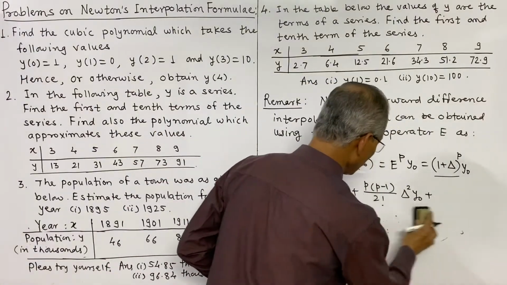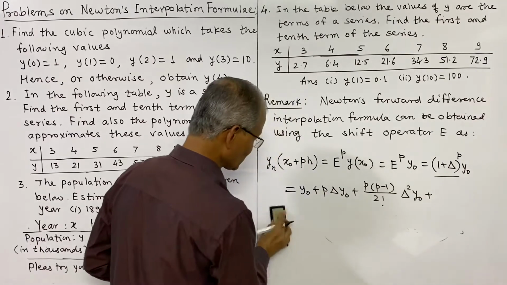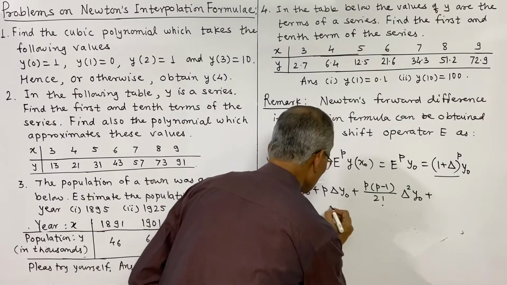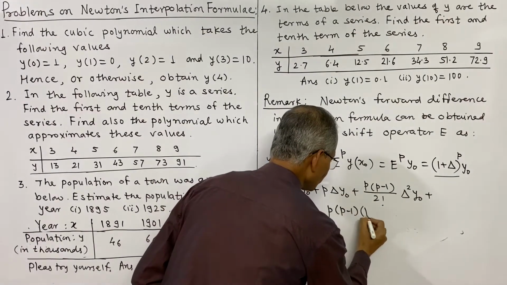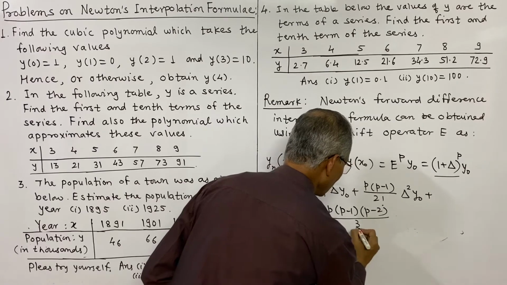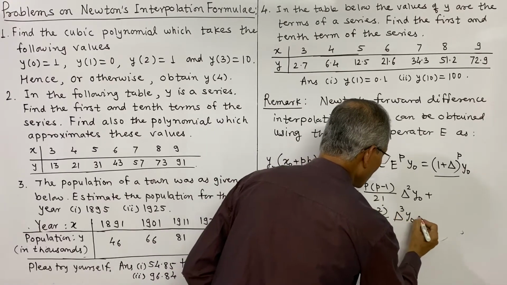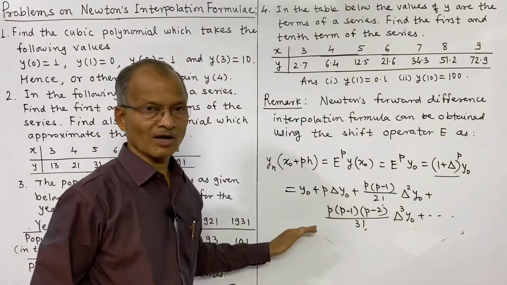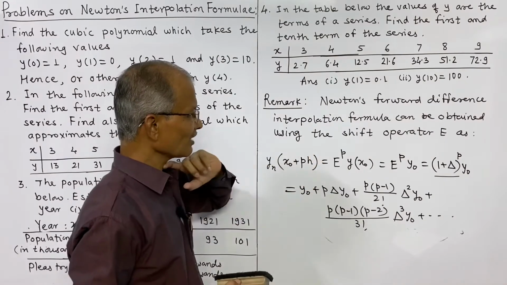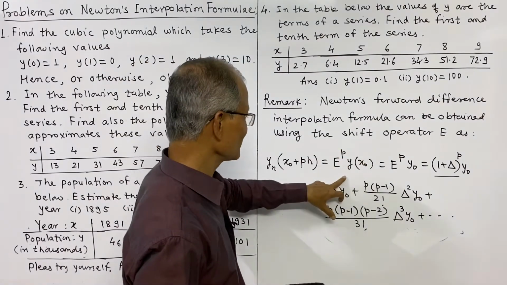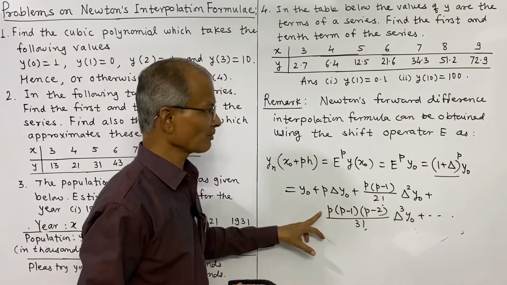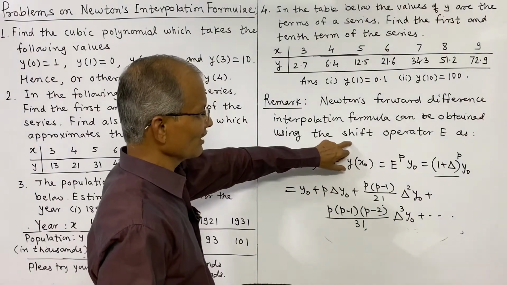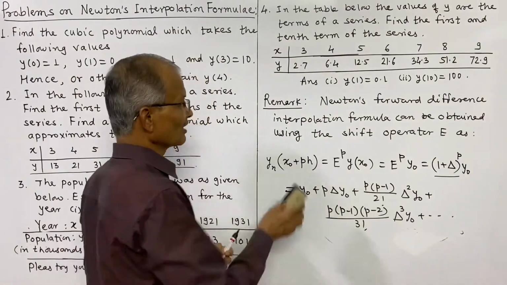The next term will be p into p minus 1 into p minus 2 divided by 3 factorial delta cube y naught, and so on. So this is the same Newton's formula that we obtained earlier. This is a way to remember how to obtain Newton's forward difference interpolation formula using the shift operator E. Now we will make use of this shift operator E to obtain Newton's backward difference interpolation formula.